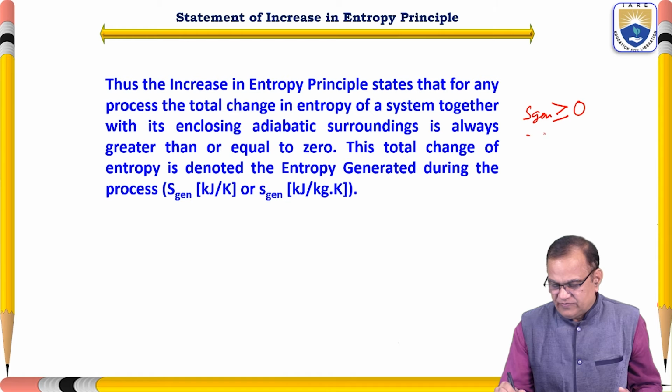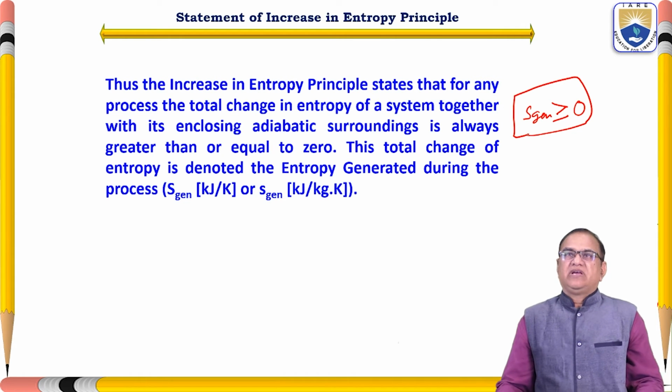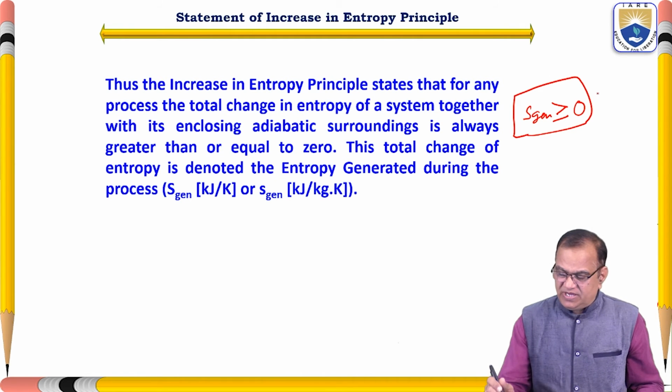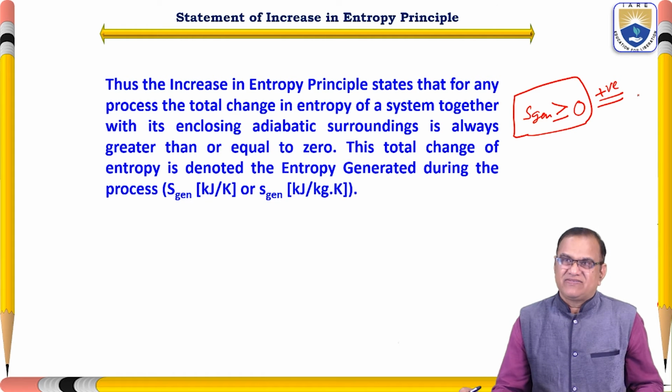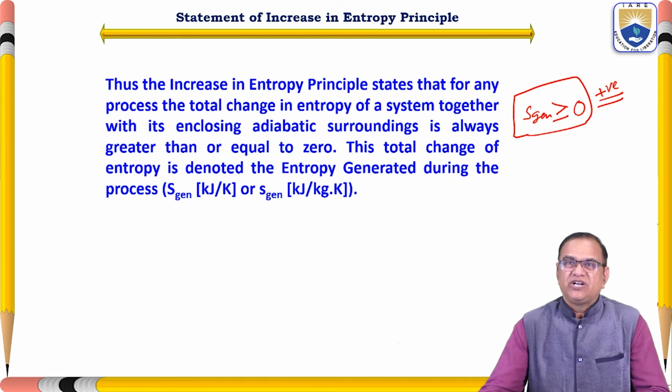greater than or equal to 0. This is the principle of increase in entropy. This means that always S generation will be positive in the real sense. This total change of entropy is denoted by the entropy generated during the process, that is S generation.